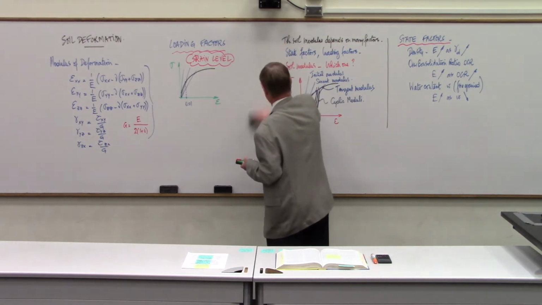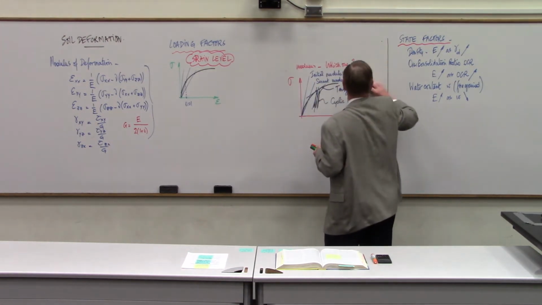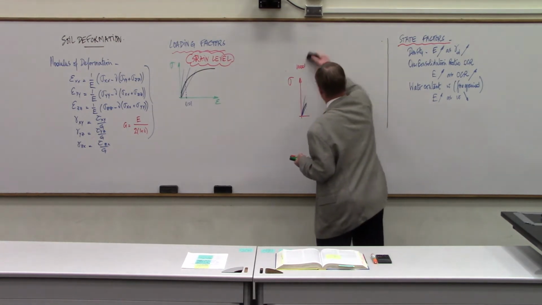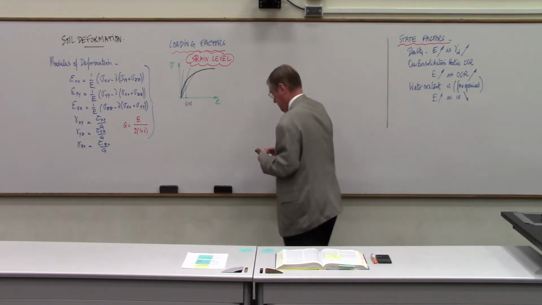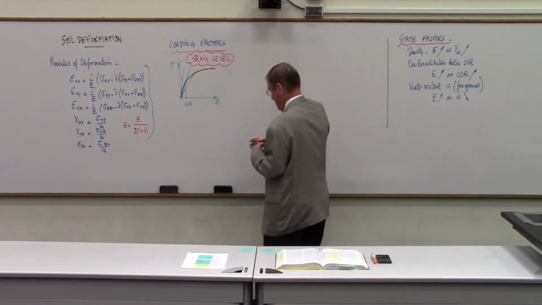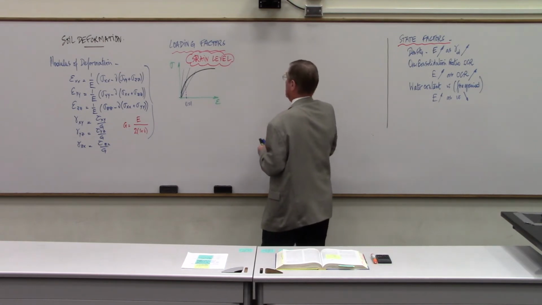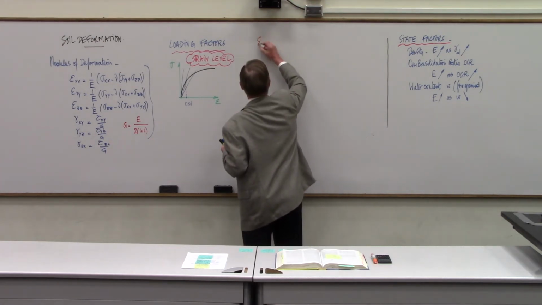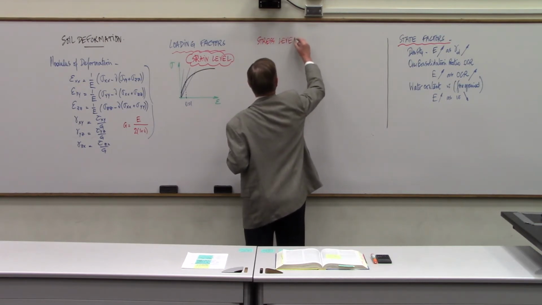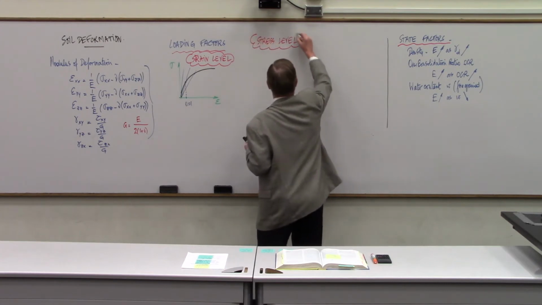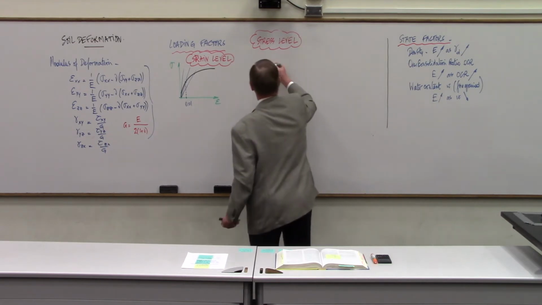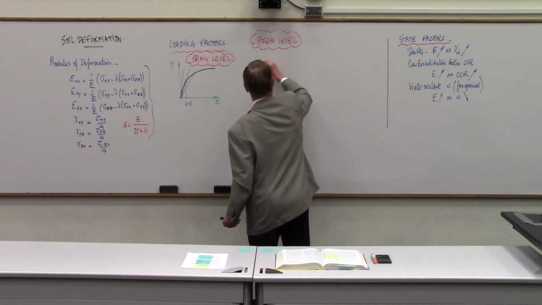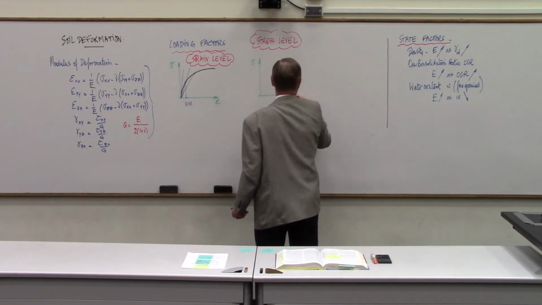Then we have the stress level or confinement level, which has a big impact on the modulus as well. So the second, we'll talk about stress level here. I've got a stress-strain curve, and I do a first test, sigma as a function of epsilon.